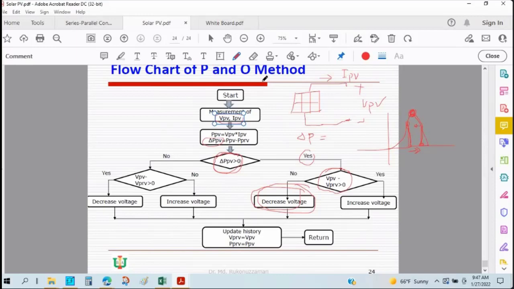That is the MPPT algorithm. If we follow this algorithm, it will be possible for us to track the maximum power from the solar panel. Is it clear to all of you, or are you having difficulties understanding this concept?